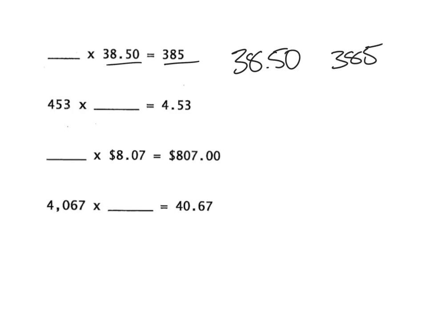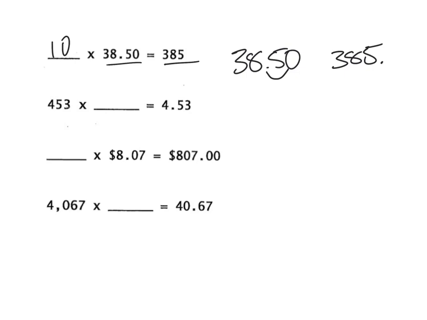So to get that, it looks like it just made one jump. Because now if that decimal is all the way to the right of 385, basically I just moved it once to the right to get that. And the only way I can move it once to the right to get that answer is by multiplying by 10 here. So one jump means one zero, one zero means 10.